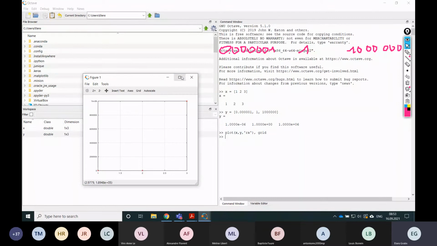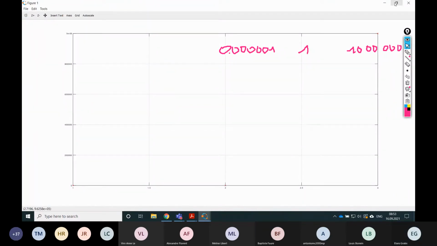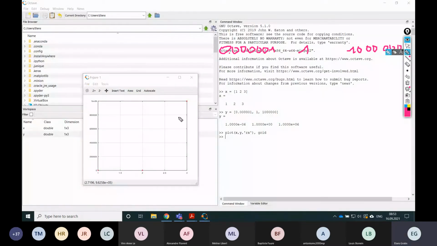And what can we see here? We can see one red cross here at 1 million. And these two crosses are literally the same. So 1 and 0.0001 are indistinguishable. It's very hard to see that this difference is actually just as big as this.